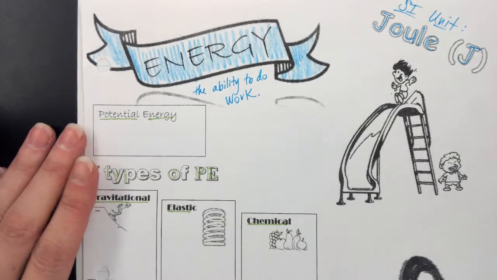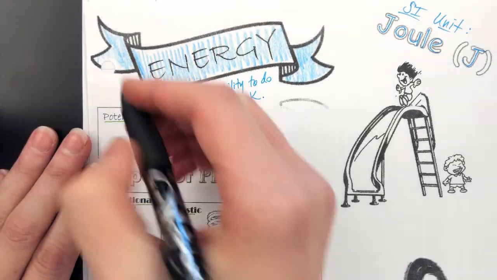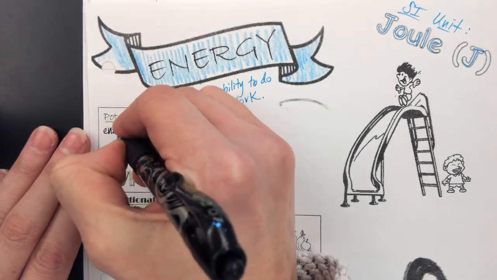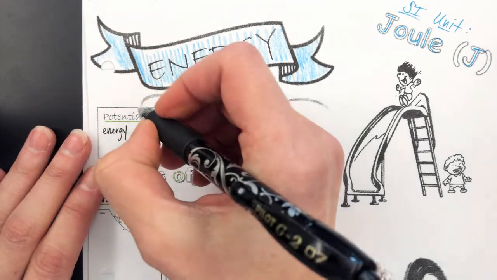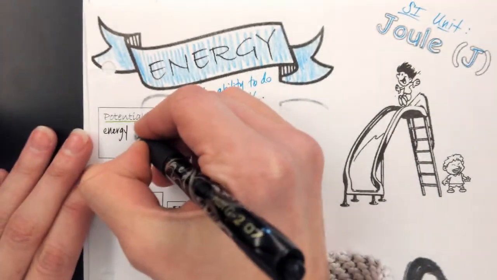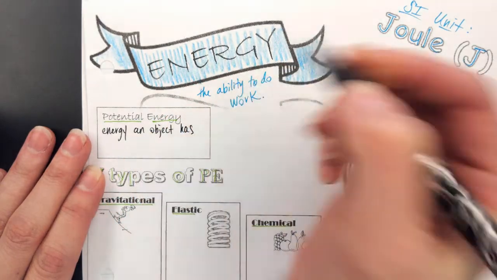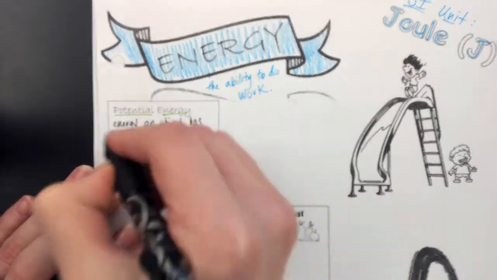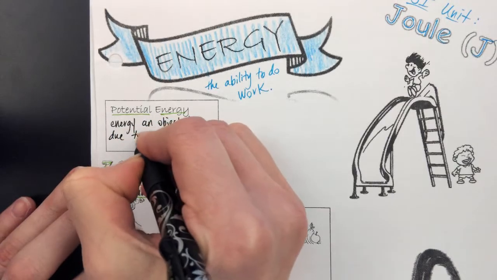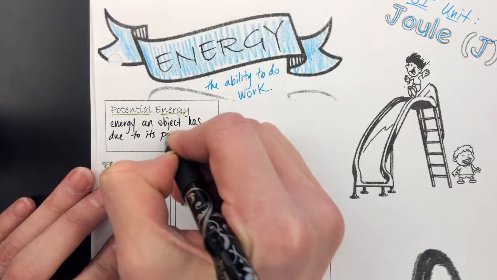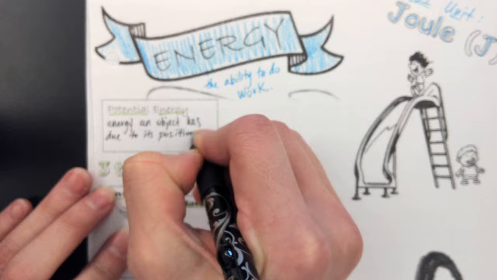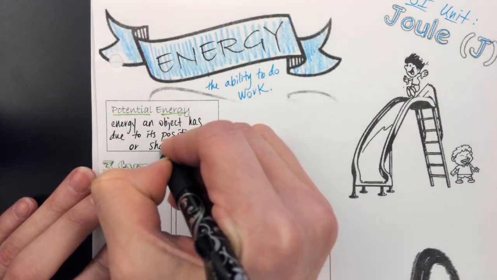Potential energy, the first type of energy we're going to learn about. This is energy an object has due to its position or shape.